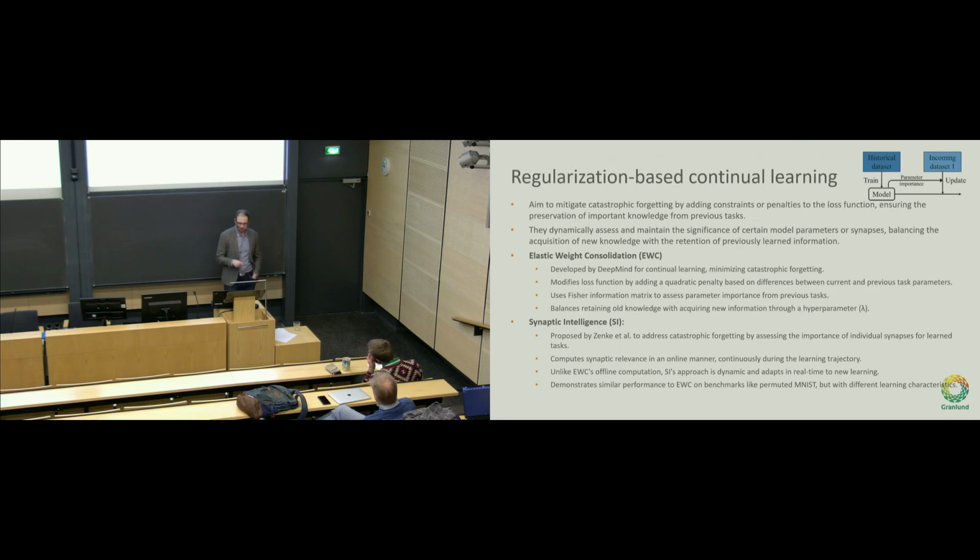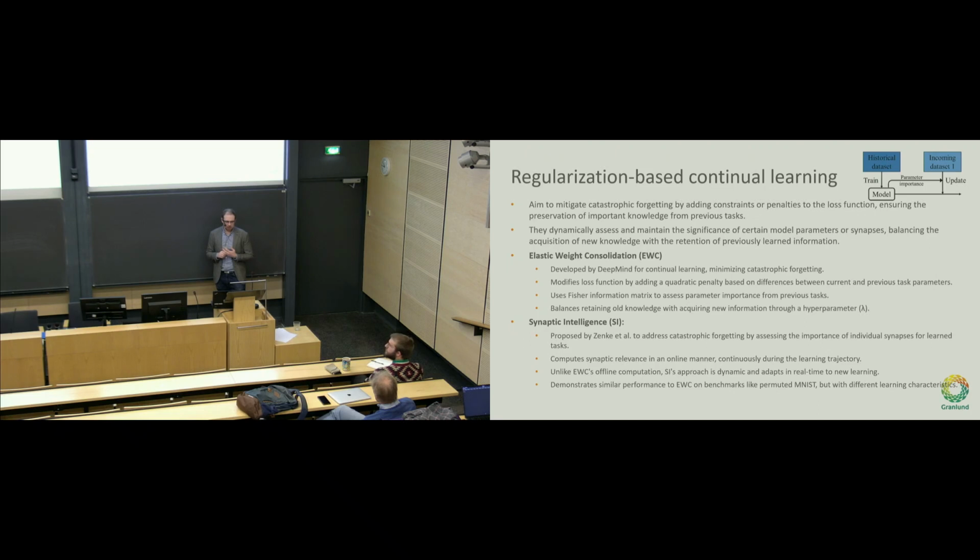One is elastic weight consolidation. This was developed by DeepMind, and it adds to the loss function a quadratic penalty based on the differences between current and previous task parameters. It assesses parameter importance, and using that it balances the hyperparameter lambda, which balances old and new.